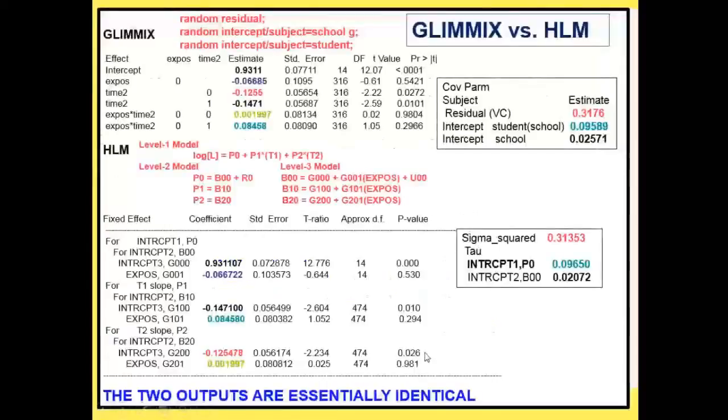Okay. So now the only other thing I've done about this example is I've run GLIMMIX and I've also run HLM, hierarchical linear model, to see how close the answers are. Without going through this output, the bottom line is that the two outputs are essentially identical. I'm just trying to say that there is another program you could use, and they're essentially doing the same things.